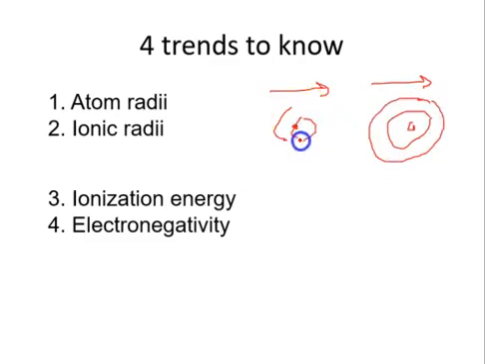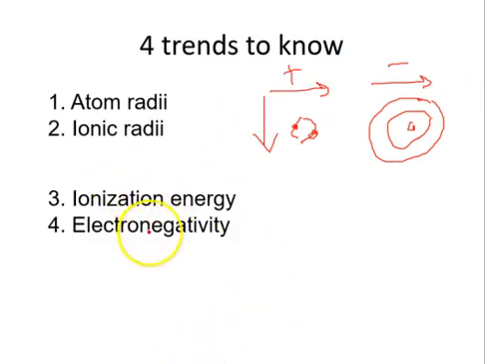They don't lose electron energy levels. In a cation, you lose your energy level completely. So when you create the ion, you lose this outermost energy level. And so a cation is going to be smaller than its atom, and an anion is going to be larger than its atom. But they still decrease to the right, and they still increase as you go down.